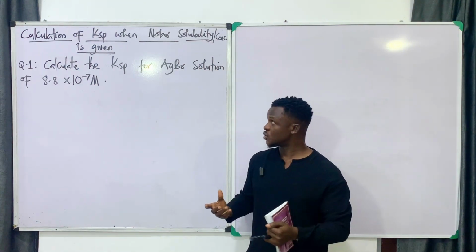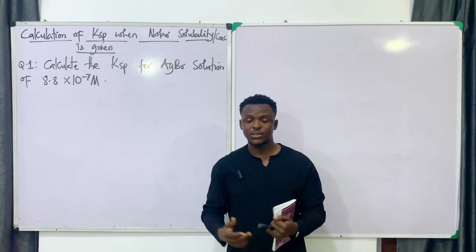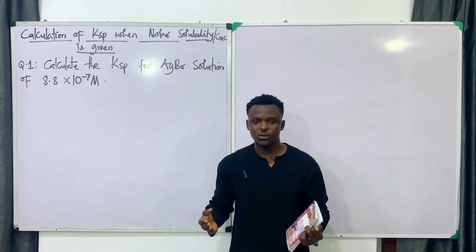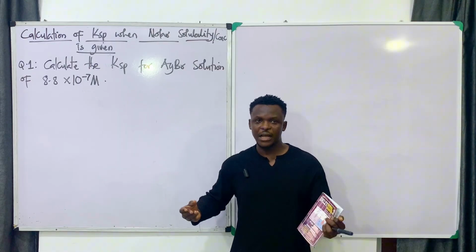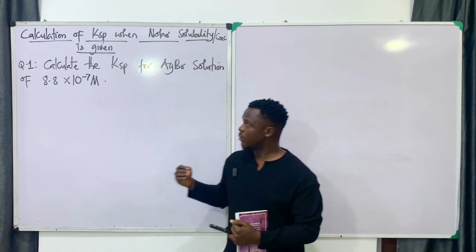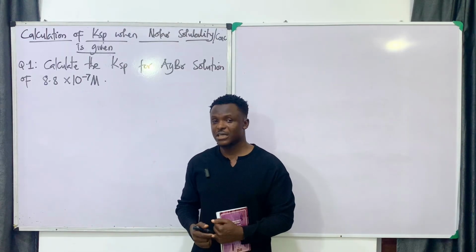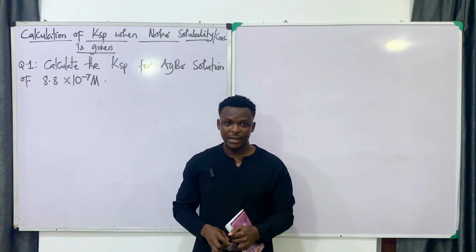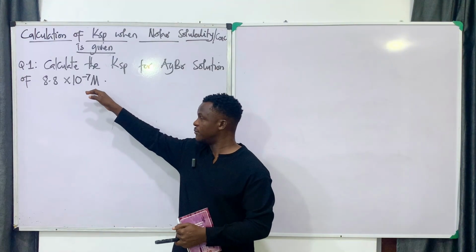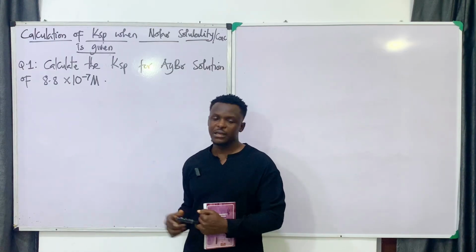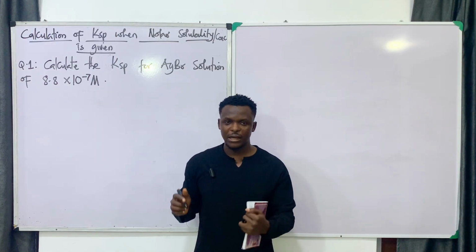So you may be asked to solve for the Ksp, the solubility product constant, for a particular salt. It could be AgBr, it could be AgI, right? Now, they will give us the molar concentration, which is also known as molar solubility, right? So if you are given molar solubility, it must always be in molar concentration, like in molar, right?